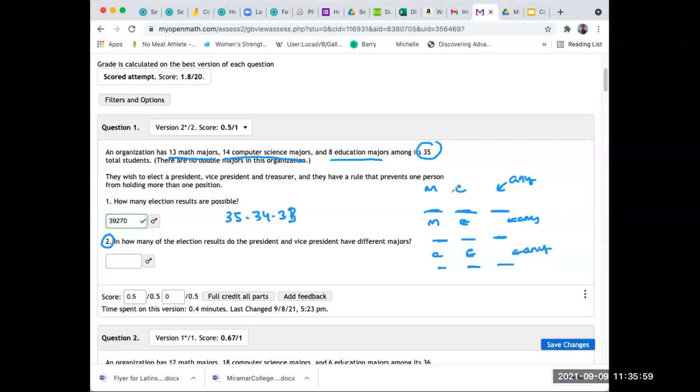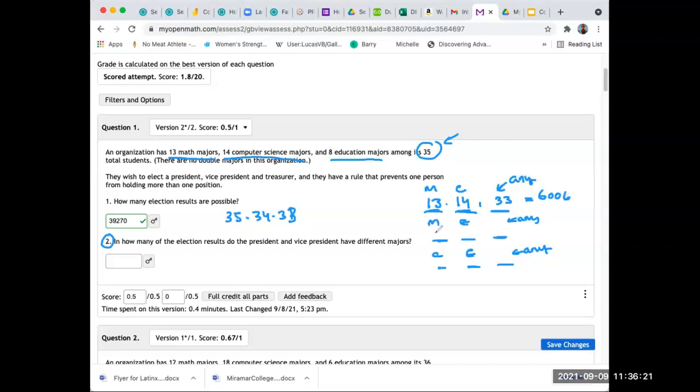All right. So let's see how many choices we have. So we have 13 for math and 14 for computer science. And then we use 2 out of the 35. So now there's 33 left here. Okay, so 13 times 14 times 33, we get 6,006.